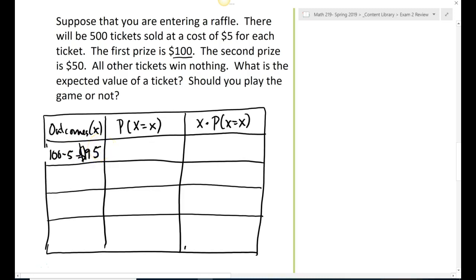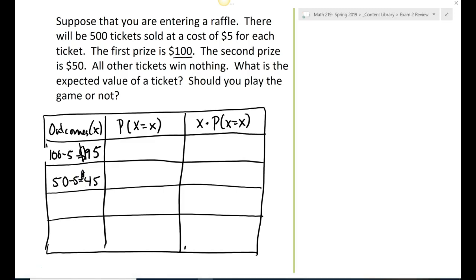So for you, as a person doing this experiment, you'll make $95: 100 minus the 5 you paid for the ticket. Then the next occurrence that we could have is 50 minus 5, which is $45. That is, you win second prize, minus the value of the ticket, it's $45.